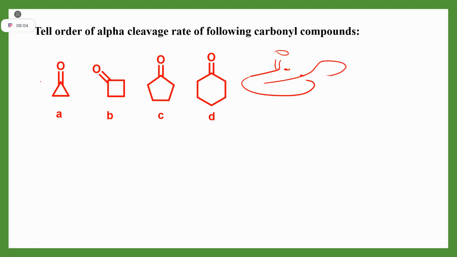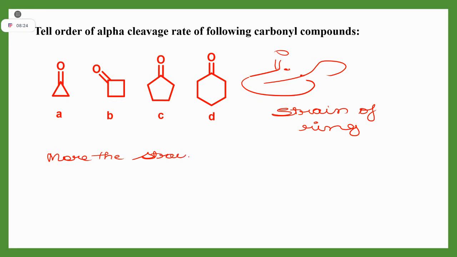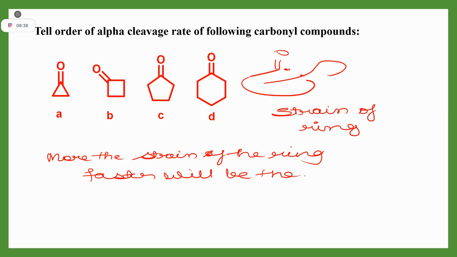So don't you think this cleavage rate will depend on the strain of the ring? Yes or no? The more the strain, the faster will be the rate for alpha cleavage.